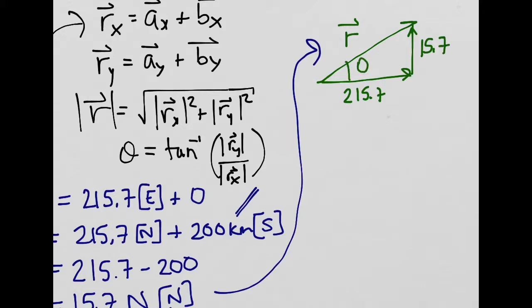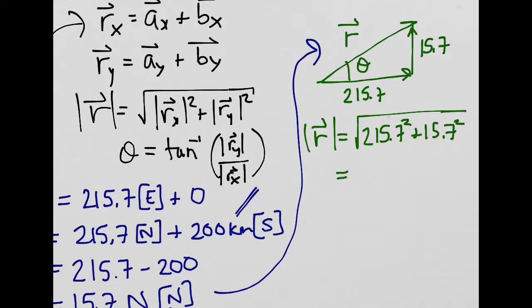So now I can figure out the magnitude of R as well as the angle at which R is going. Let's find the magnitude of R by applying the Pythagorean theorem. And by the magic of television, I got an answer of 216.3.